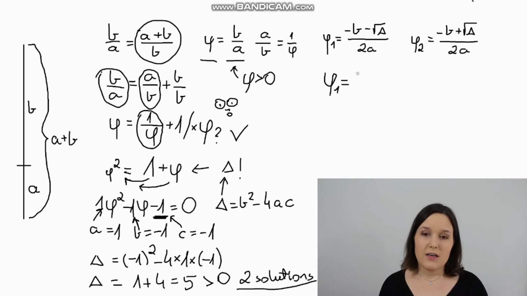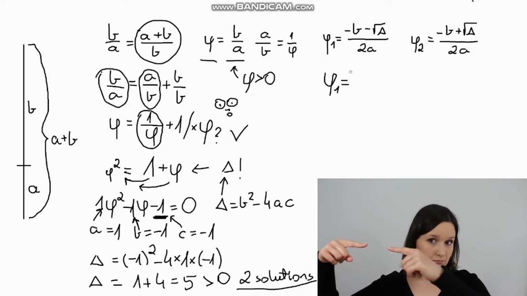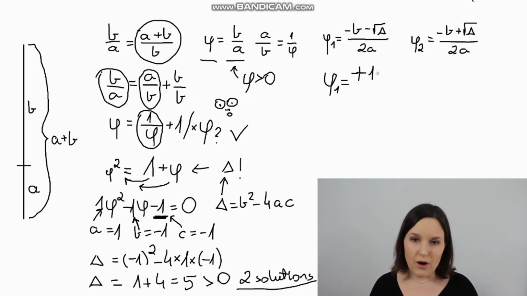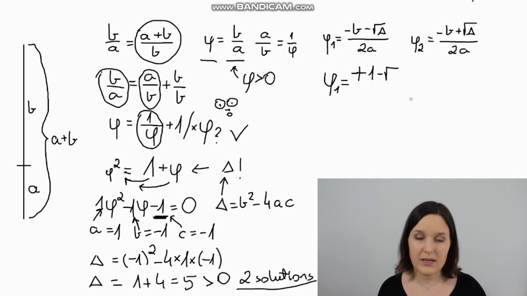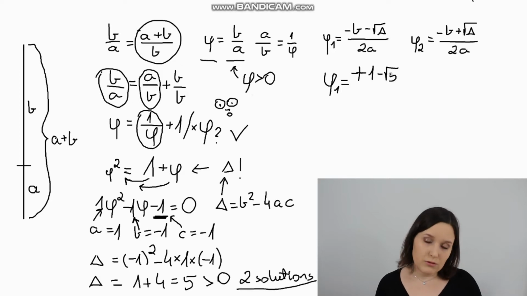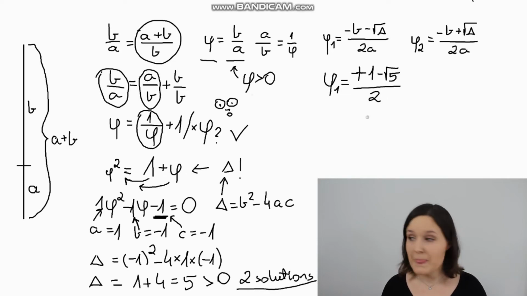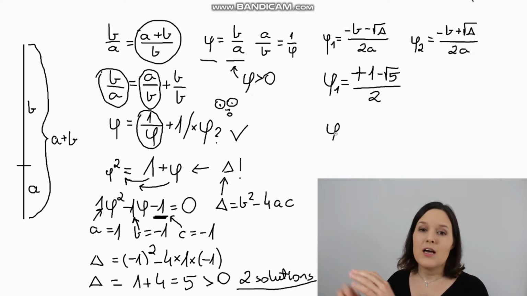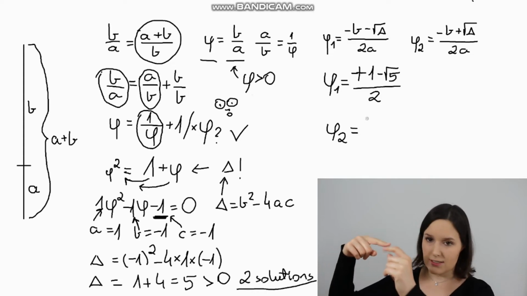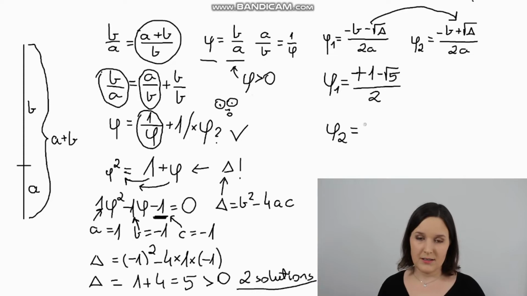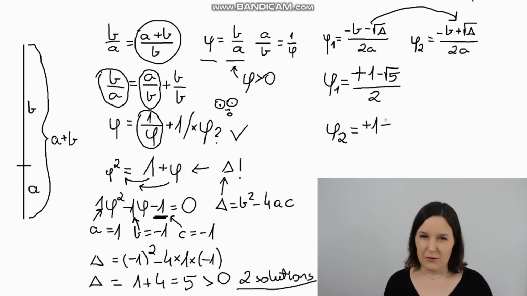So the first one is minus b, so minus 1, so plus 1, minus the square root of b squared minus 4ac, the delta, which we know is 5, over 2a, so 2 times 1, so 2. And we have the first solution. The second solution is the same, the only difference is that instead of minus, you have plus between minus b and root of delta.